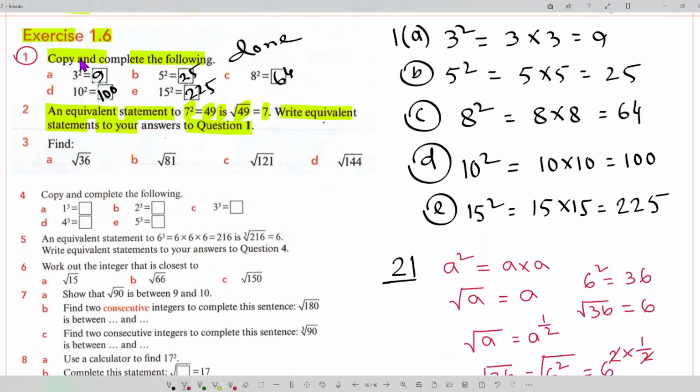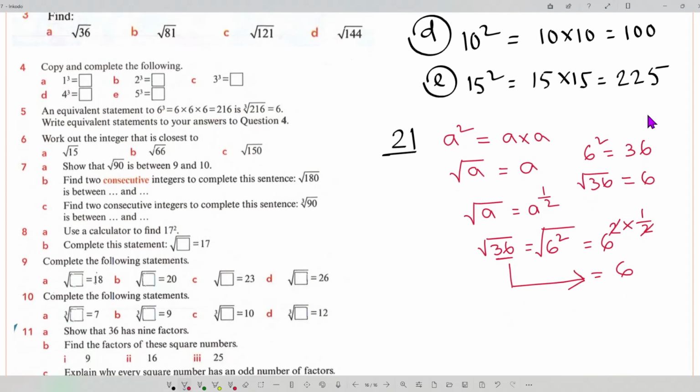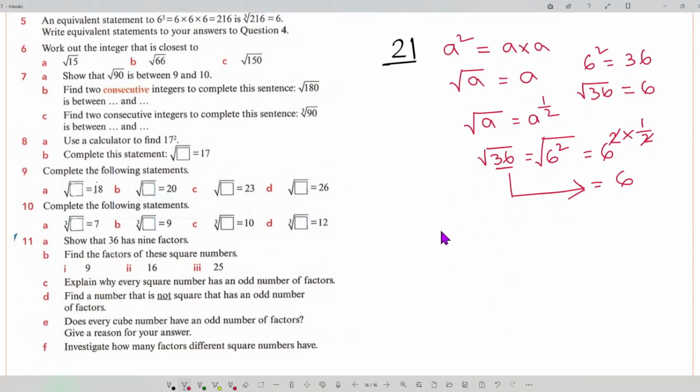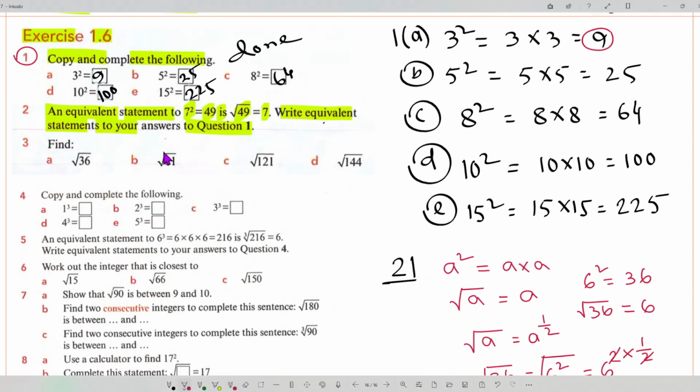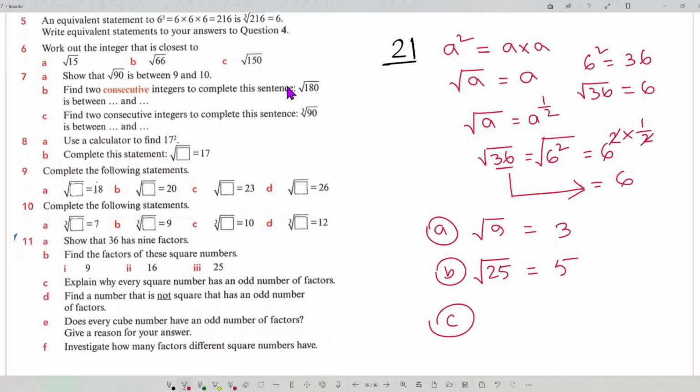So question 1, the first one is 9, right? So one by one we try to solve. Number A, root 9 equals 3. Number B, root 25 becomes 5. Number C, here is 64.